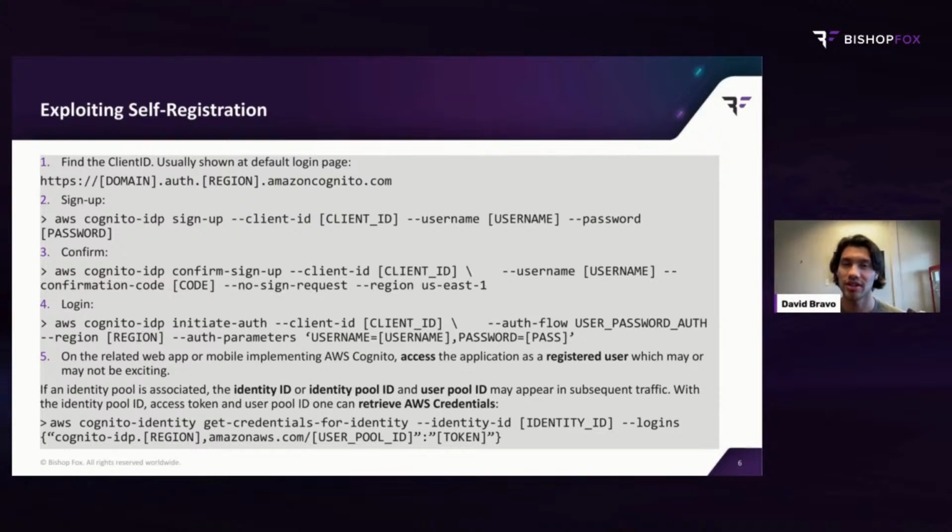Then you use that token and an identity ID value that you should see in subsequent traffic when successfully logging in or signing up a new user for the user pool. You use the token and the identity ID to then retrieve AWS credentials. And then you have programmatic access to an AWS account through this self-registration configuration in AWS Cognito.